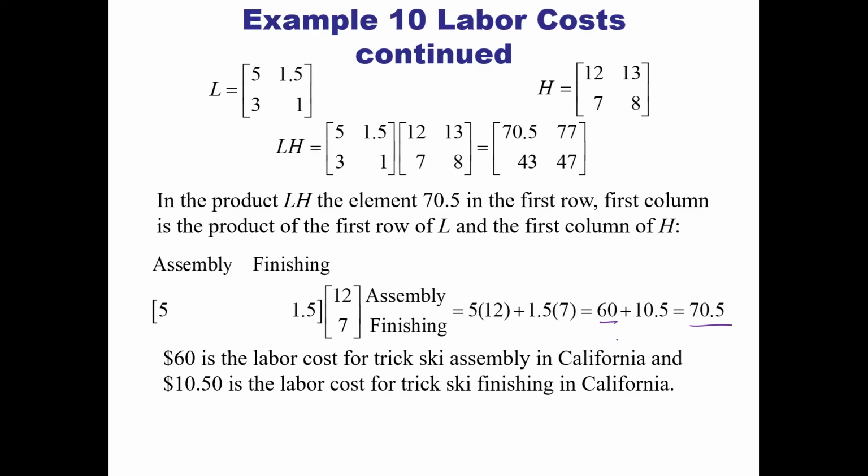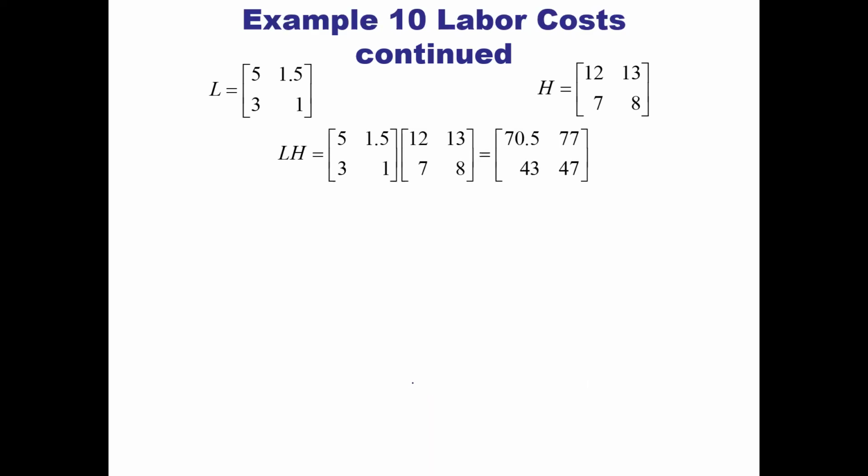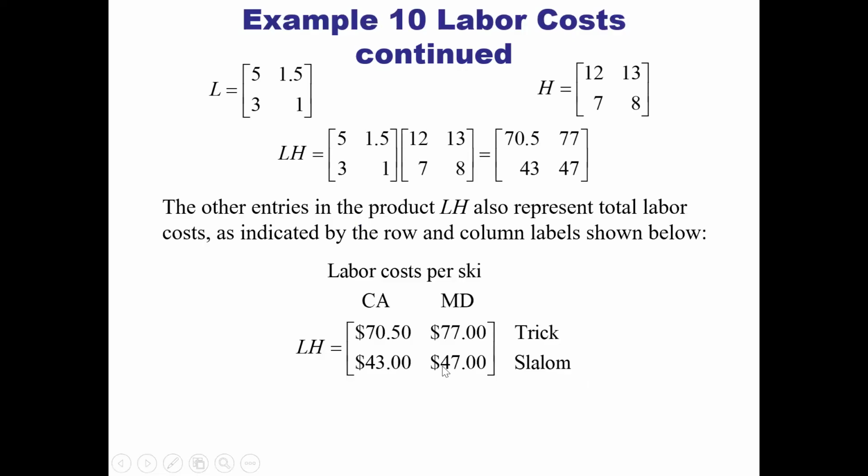And so we think about the pieces, 60 and 10.5 California for trick. So it does make sense. And so this kind of really helps us, the LH. The HL doesn't. And so you always have to think about what way works and what way doesn't work. So again, that's how we are going to look at this one.